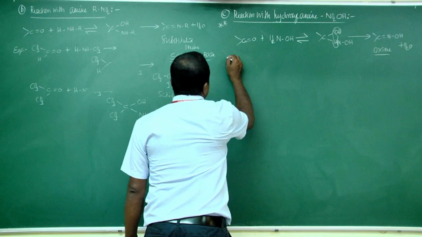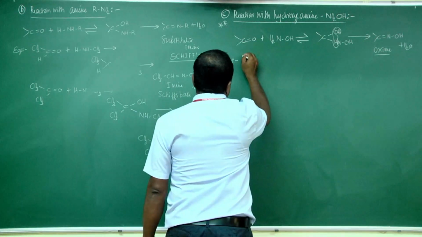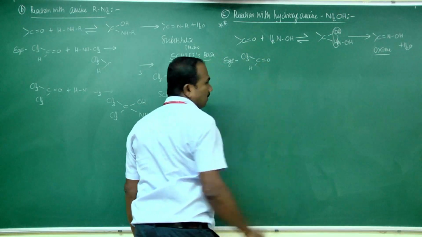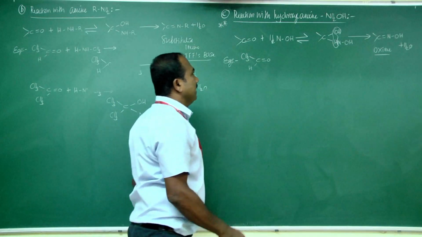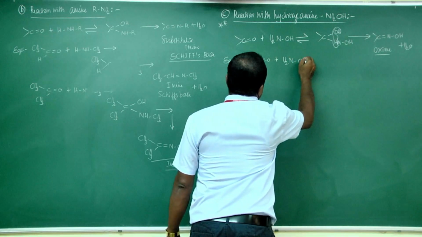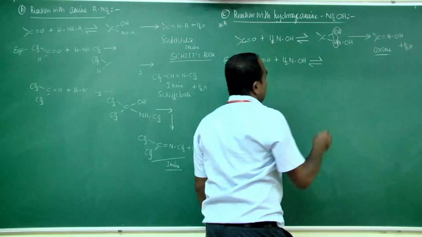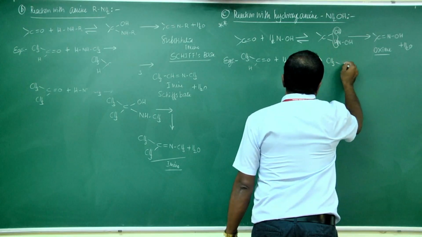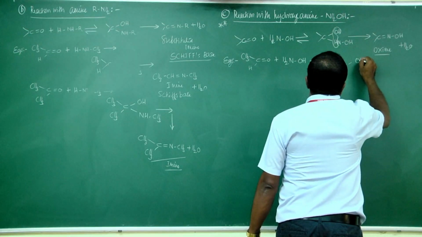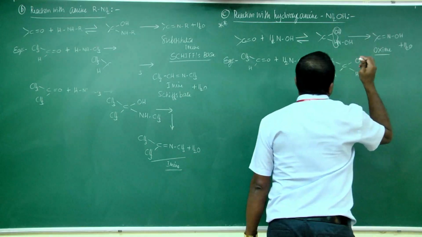The example for this reaction is, if you take acetaldehyde, CH3 C double bond O connected to H, acetaldehyde reacts with hydroxylamine to form the intermediate, that is CH3 single bond C connected to H, OH, and HN connected to OH.